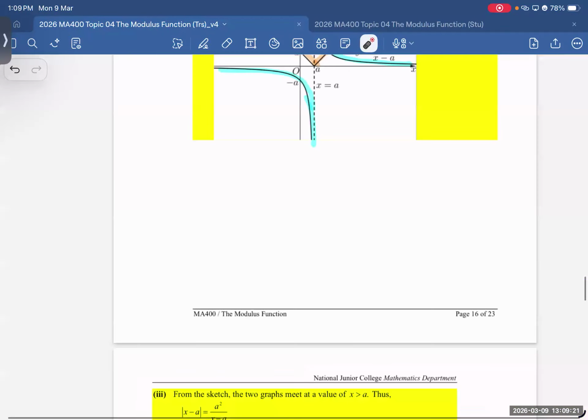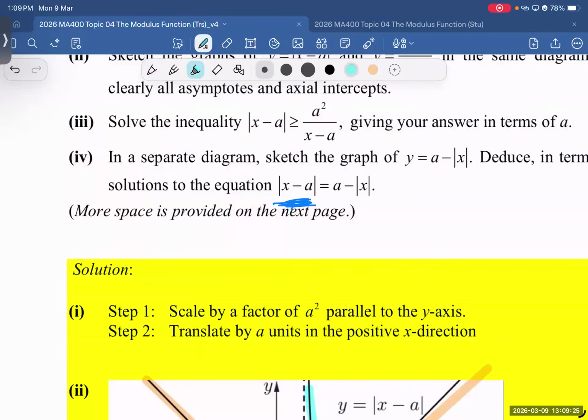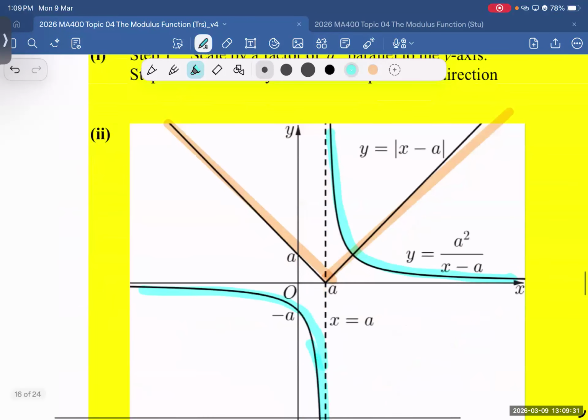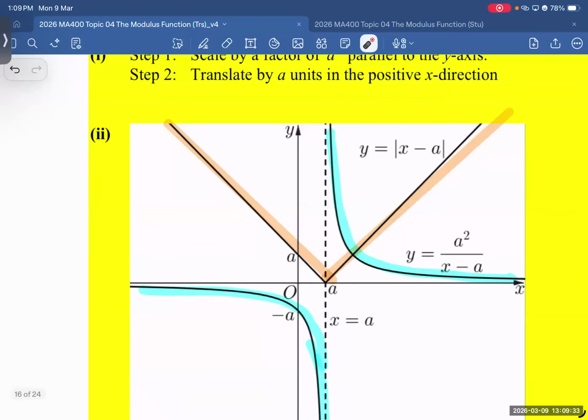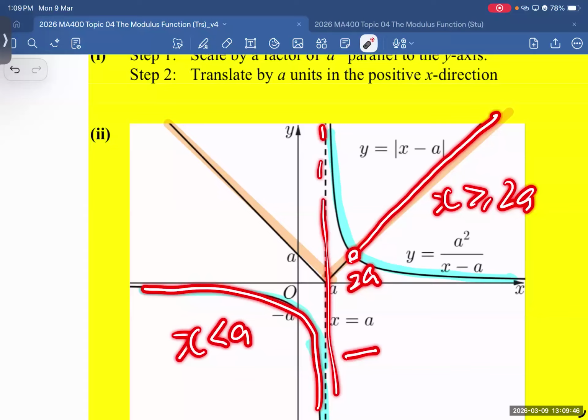So when we talk about the graph, you want to know where the brown graph is above the blue. When the brown is above the blue, modulus above, it's this portion. Can you see brown is above the blue here? So this point is 2a. You can solve x more than or equal to a here, x less than a here. Then you can see x is simple.